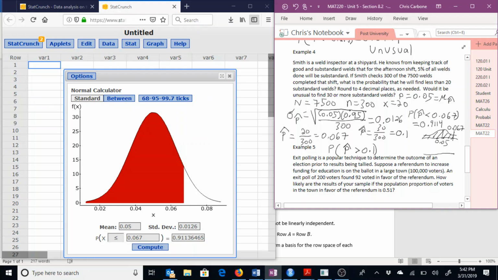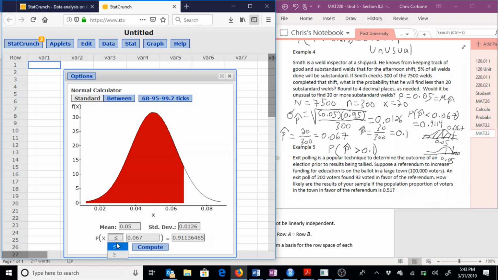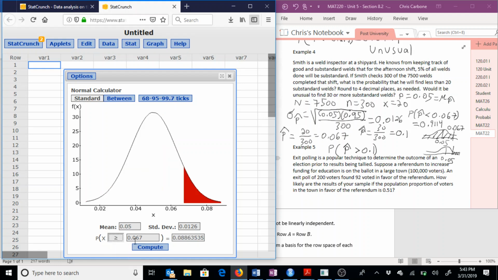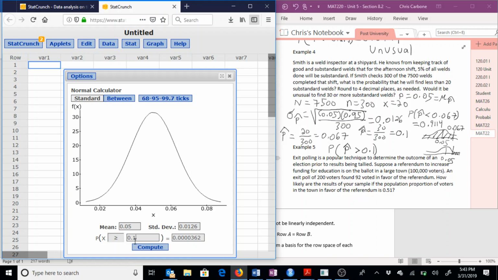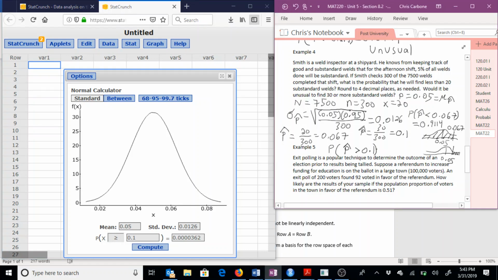And that rough sketch is going to be about, the mean is right here, above 10% would be the area to the right of this value here. And that value, once we plug that into StatCrunch, is going to be equal to this lovely low value of 0.00004.